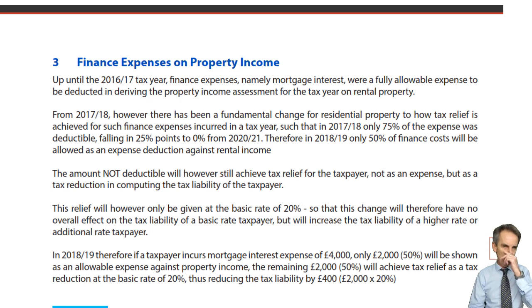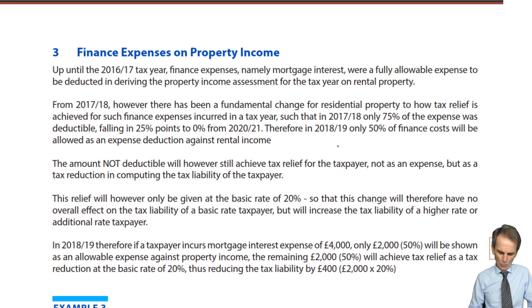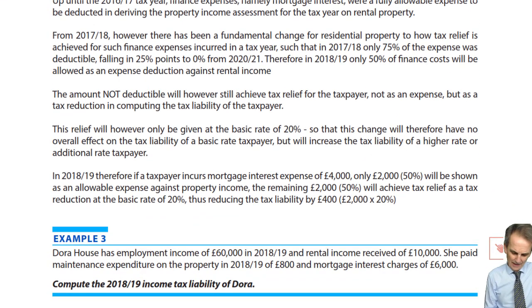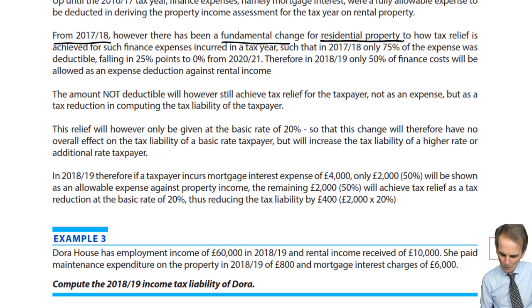But they changed then from 2017-18 the tax treatment of that finance expense. And what we're told about here is what we now do. From 2017-18, fundamental change for residential property. Commercial property is unaffected by these rules.